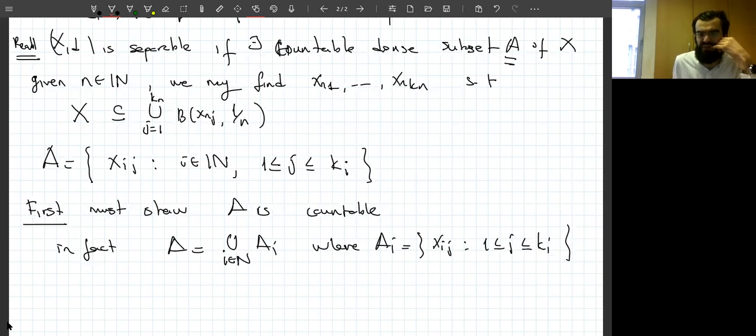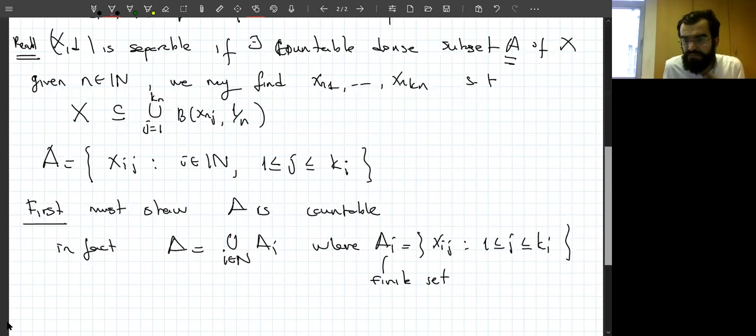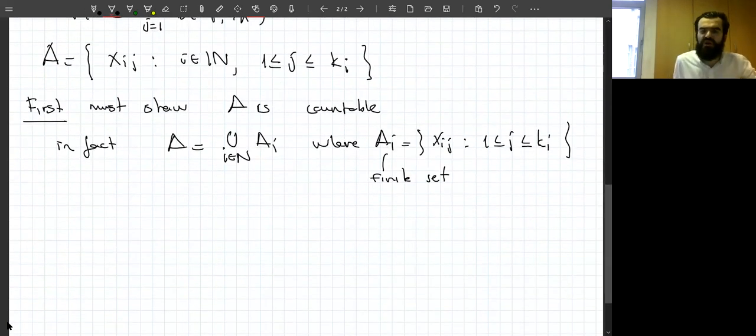Okay? A finite set. You know, so A is a countable union of finite sets.